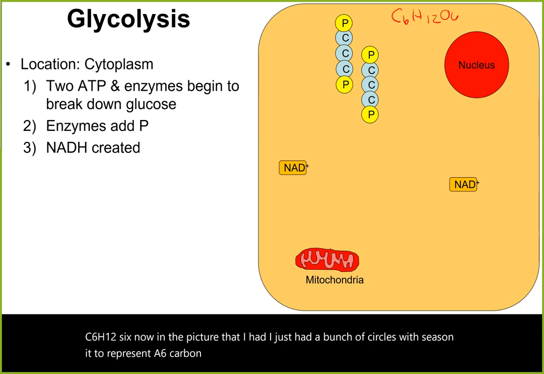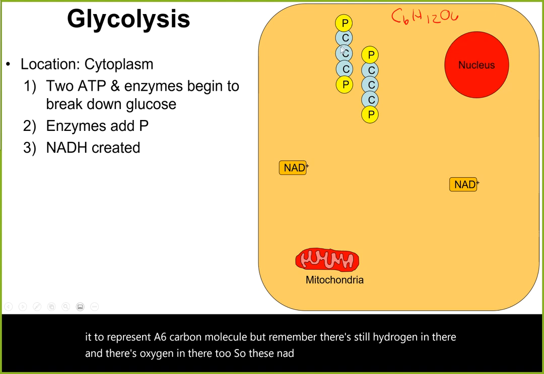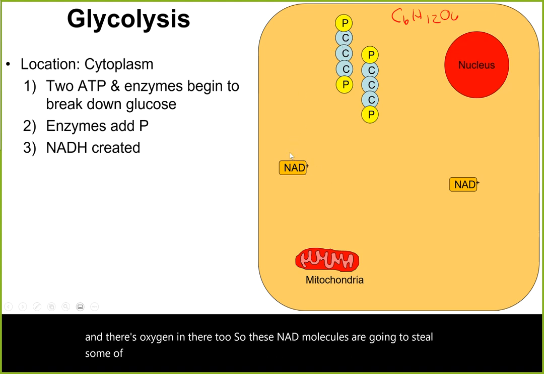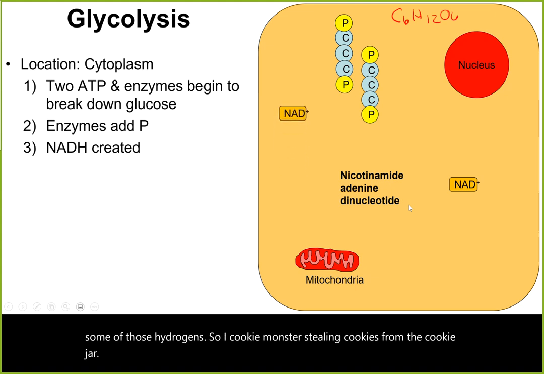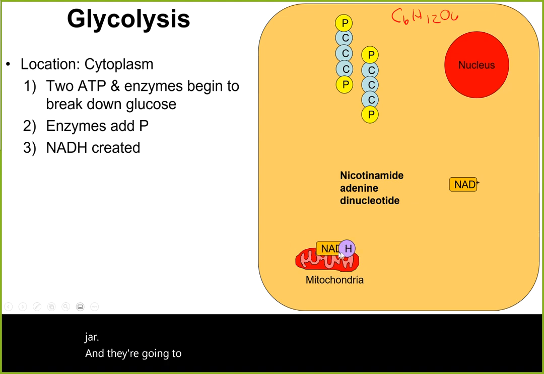But remember, there's still hydrogen in there, and there's oxygen in there too. So these NAD molecules are going to steal some of those hydrogens. They're like cookie monsters, stealing cookies from the cookie jar. And they're going to bring that hydrogen to the mitochondria. So we take NAD and we turn it into NADH.